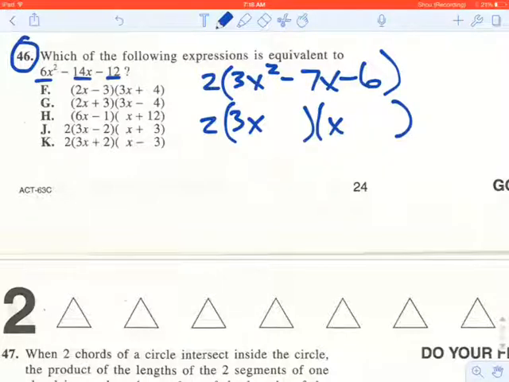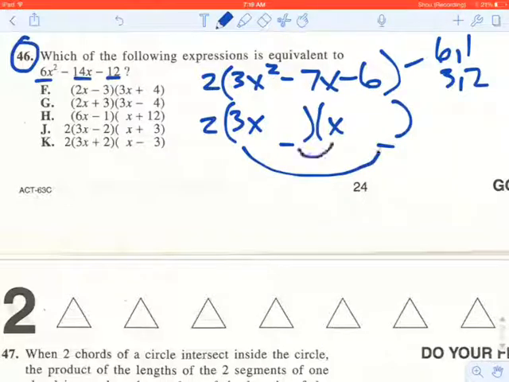And then we're going to want to have factors of 6. So either 6 and 1 are going to end up here and here, or 3 and 2. And we'll know because when we multiply our outsides and insides, these two terms have to add up to negative 7x. So let's just try 6 and 1 first, although I would recommend that you try 3 and 2 first.